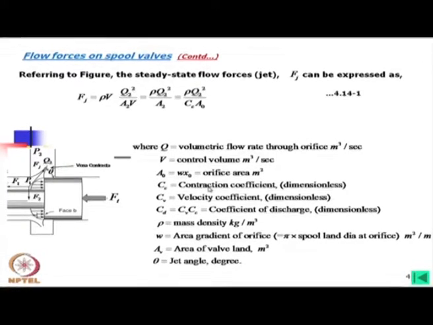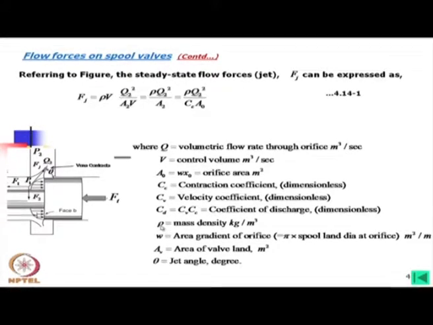C c, a better name is contraction coefficient, and C v is the velocity coefficient, whereas C d is equal to C v C c, the coefficient of discharge. This means C c is the area contraction coefficient and C v is the velocity coefficient.